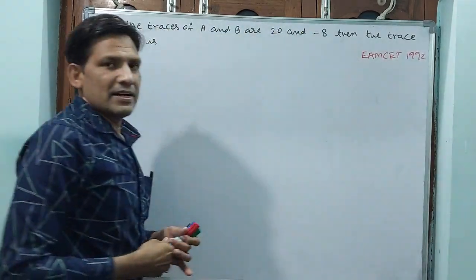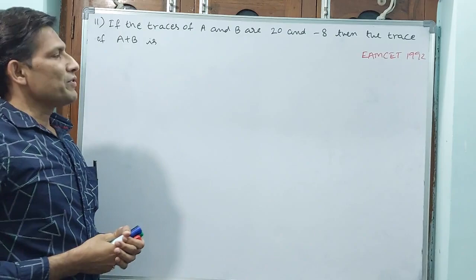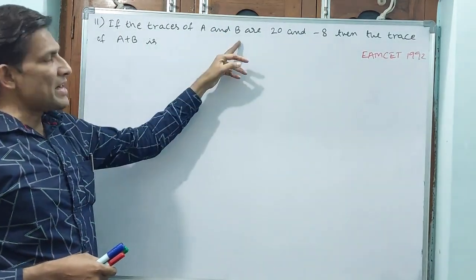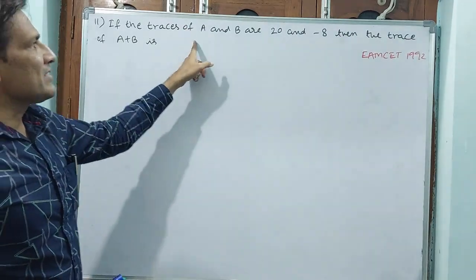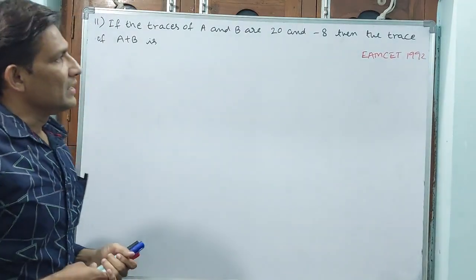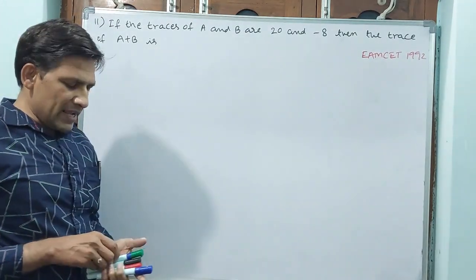The question they asked: the traces of A and B, here two traces are there. For matrix A, one trace, for matrix B, another trace. For matrix A, trace is 20, for matrix B, trace is -8. Then what is the trace of A plus B, they are asking?